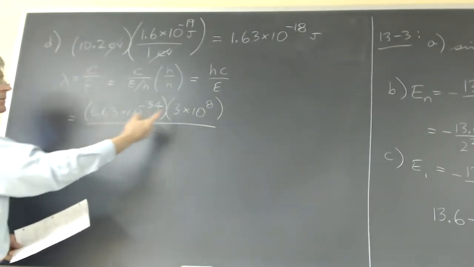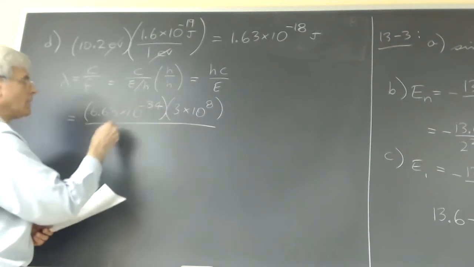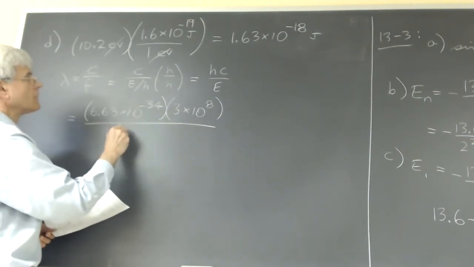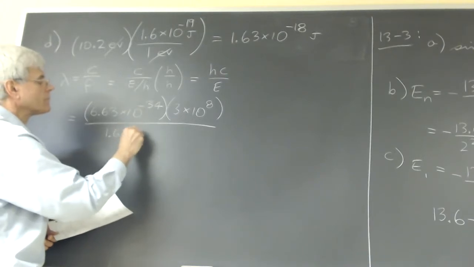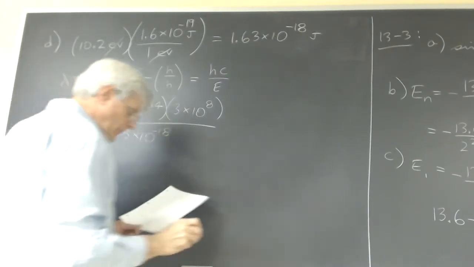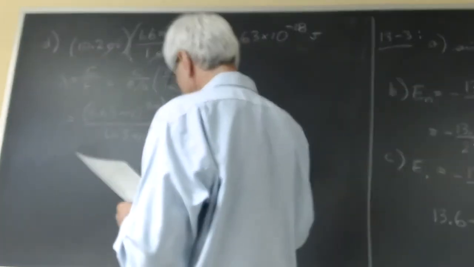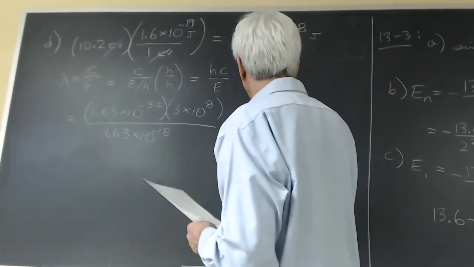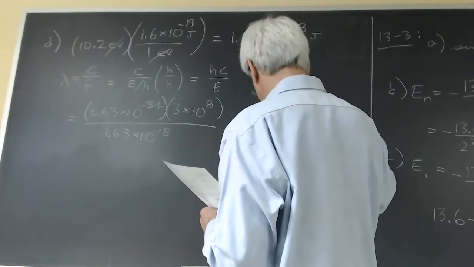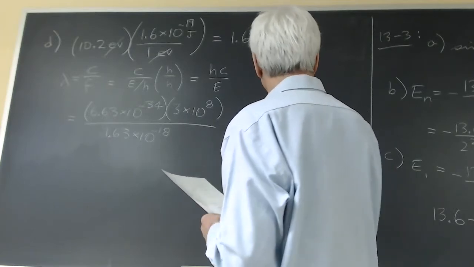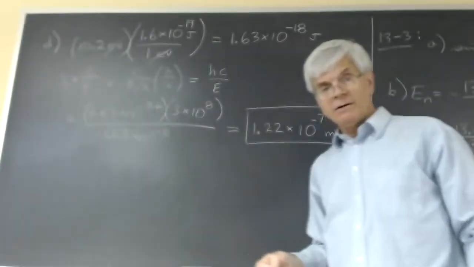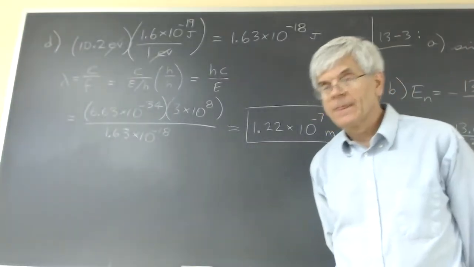Planck's constant, speed of light in a vacuum, and the energy of the photon in joules. The answer is 1.22 times 10 to the negative 7 of a meter, which is down in the ultraviolet part of the spectrum.